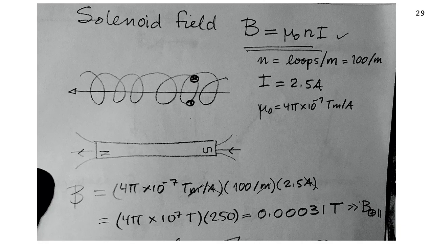So N is like a design feature. When you make that coil, you choose the right size wire, you can get 10 loops per meter. You take another size wire, you could get 1,000 loops per meter. It also depends on how tightly you wrap it. Also, if you make another layer, sometimes they make these electromagnets with a bunch of layers of loops. So this is just a simplified, idealized one.